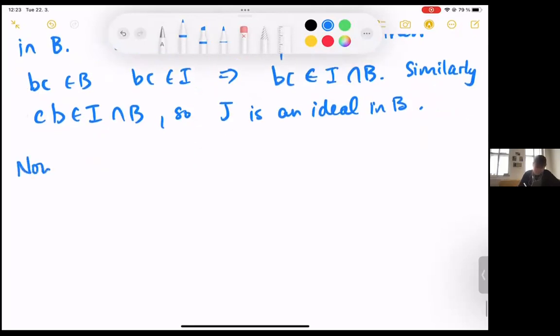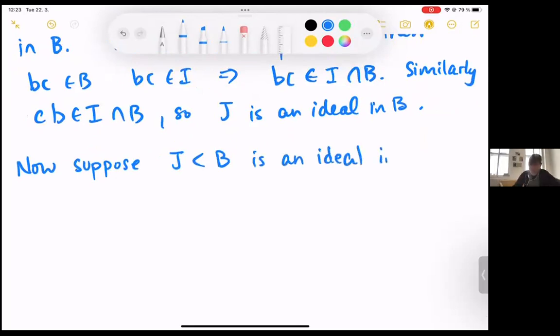Now suppose that we have an ideal J in B. We need to find some ideal I such that J is equal to I intersection B. So we'll take ourselves an approximate unit.